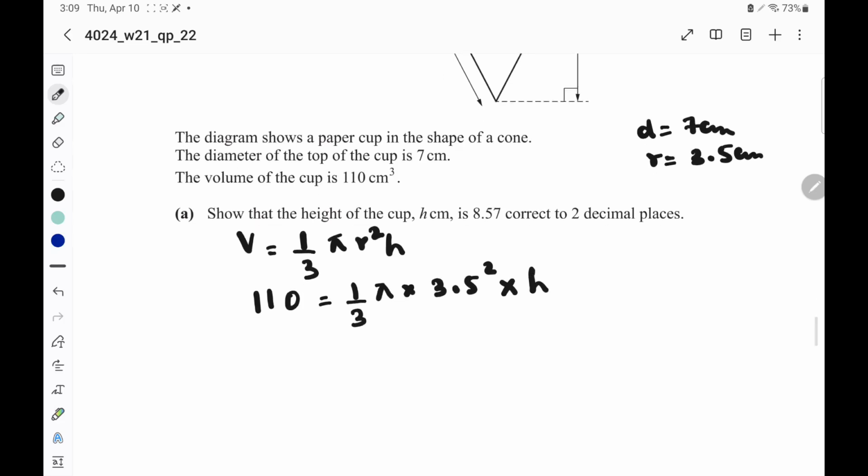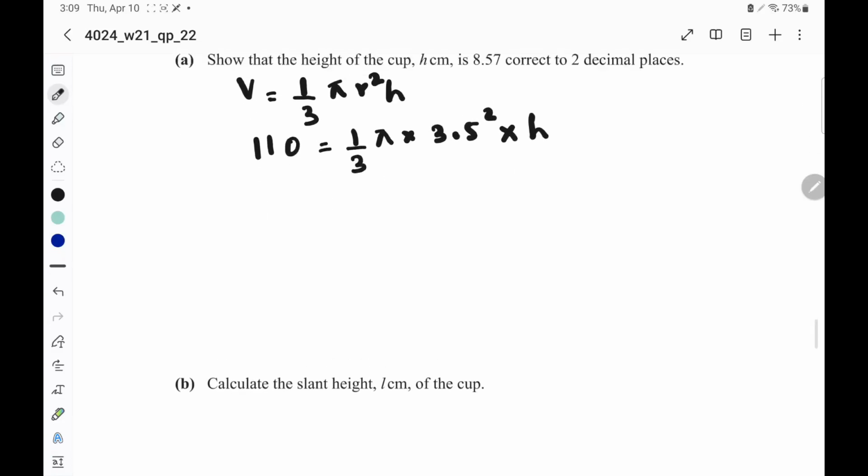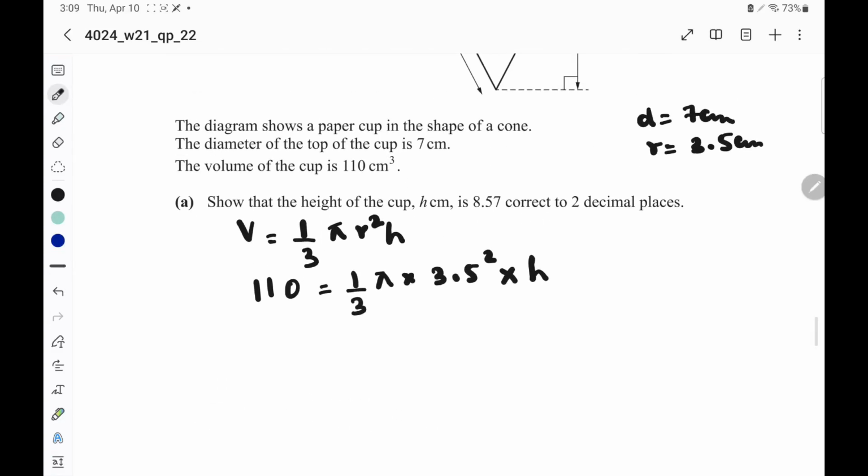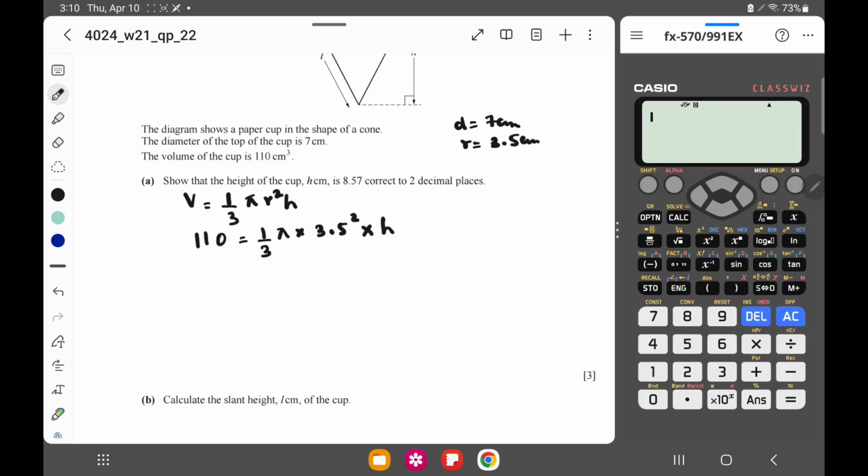Okay, so calculate, this is height. How many marks is this question? 3 marks question. Okay, so we are going to find out. So that is 110 times 3 divided by pi into 3.5 square is the height here.